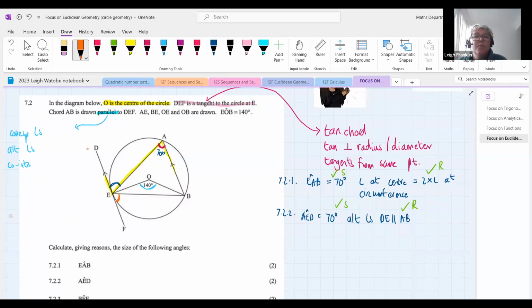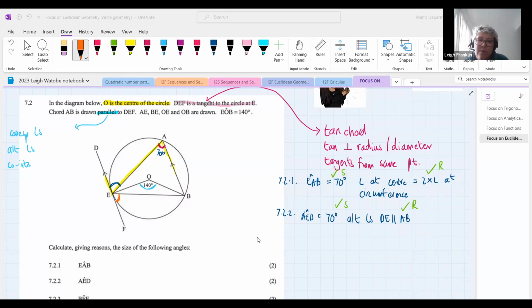Okay, now I just want to go back to something I saw in the chat. Lumelo, you said 70, tan chord theorem. Okay, tan chord theorem would work in that situation if you knew the size of, before we do this question, would work in the case of you knowing which angle.